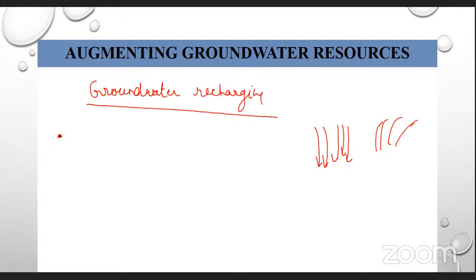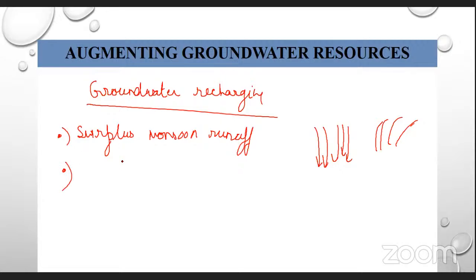The first point here is that we have to use the surplus monsoon runoff. Whatever monsoon rainfall is occurring, we have to increase that through the runoff.